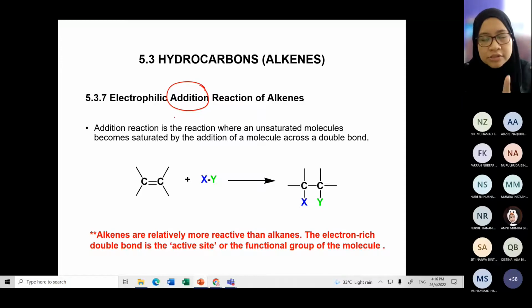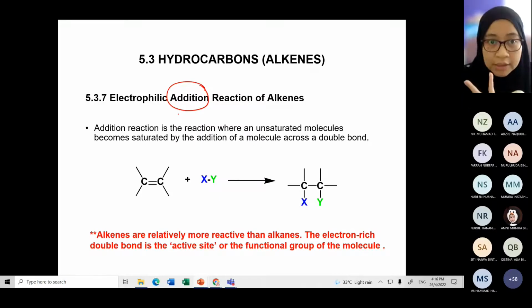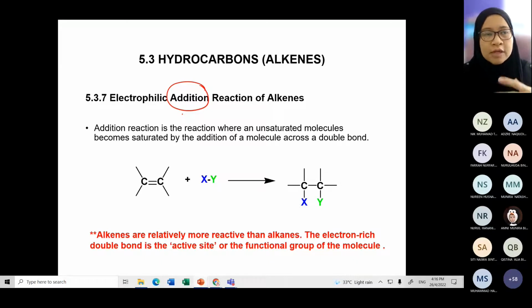The reason we use substitution is because we want to replace one of the hydrogens with a halogen, for example, because all the bonds are fully occupied. We don't have any extra bond that will be formed, because carbon can only bear 4 bonds. That's why the reaction is known as substitution.